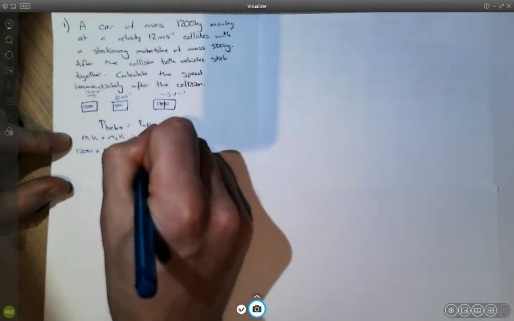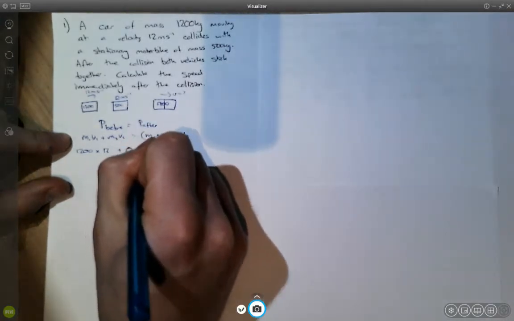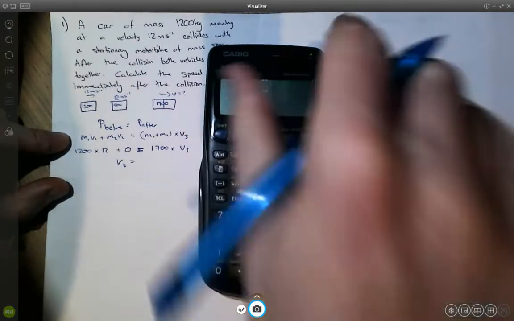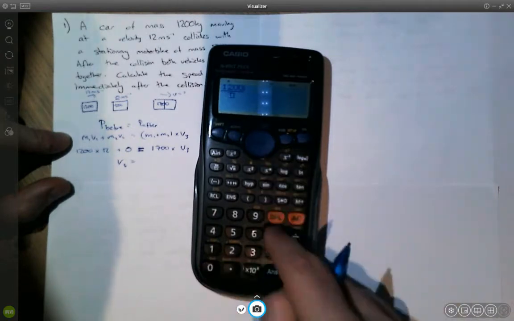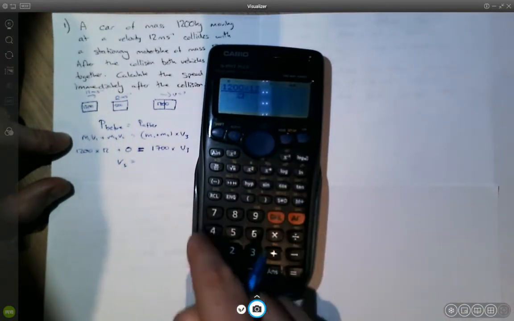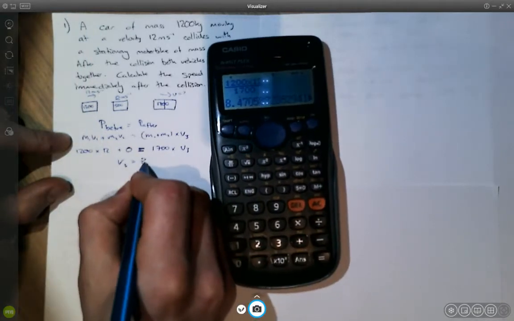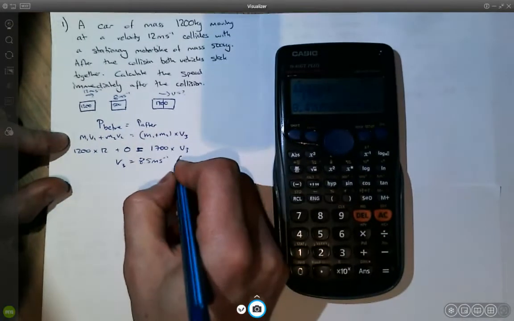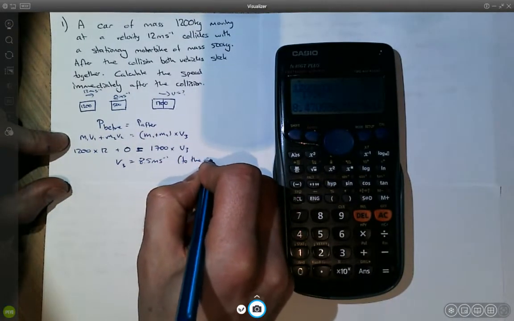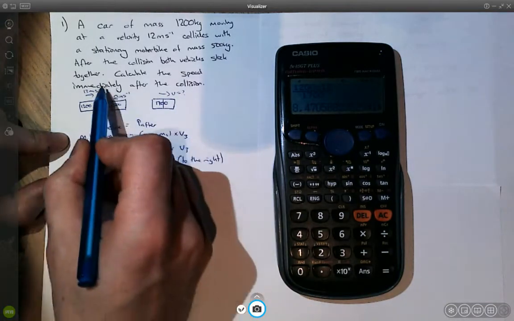So that should be an equal sign, which means that the final velocity, which I call v3, is going to be equal to 1200 times 12 divided by 1700, which is 8.5 meters per second to the right. We don't actually need to say that because we've got a positive velocity, which means it's still going in the same direction that it started in.